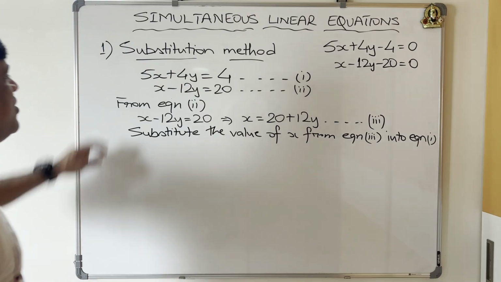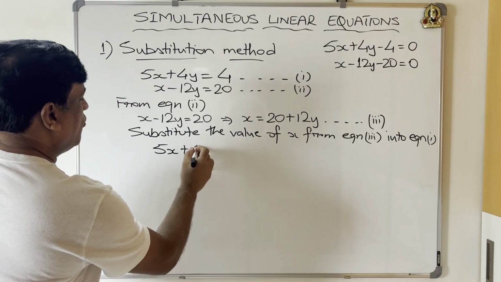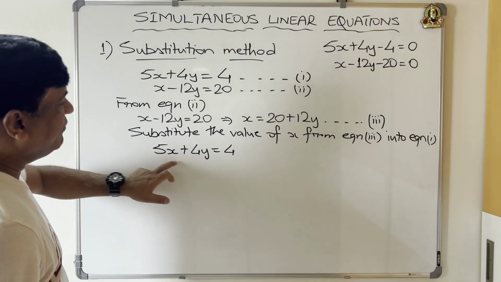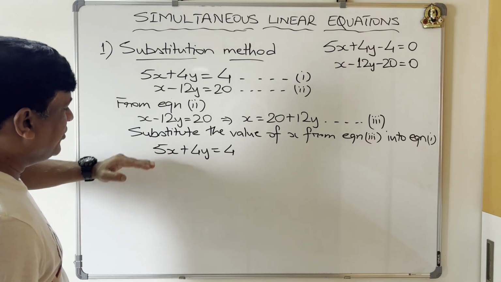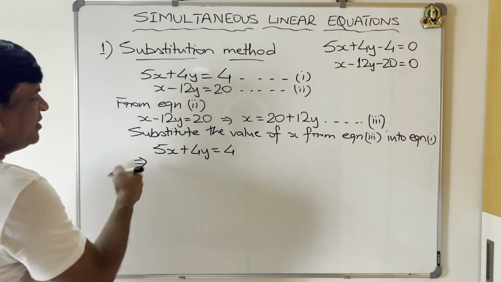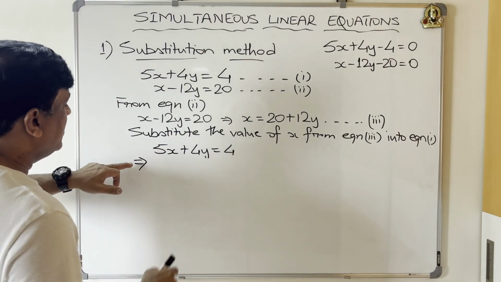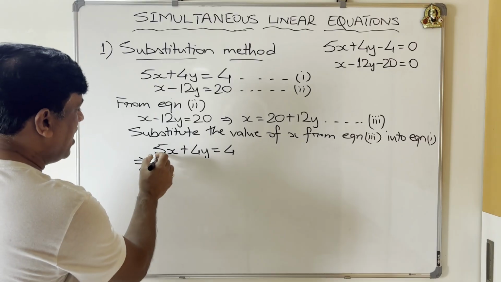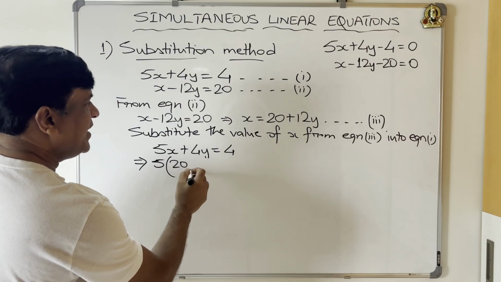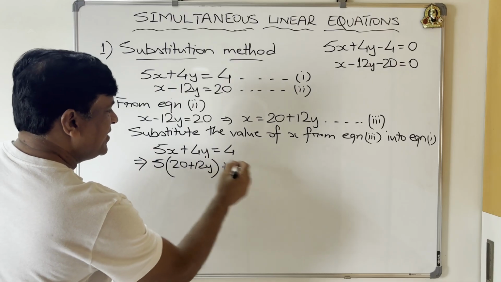Equation 1 is 5x + 4y = 4. Remember one thing, whenever you go to the next step, always use this sign. This is known as implies. You're showing that you're going to the next step. Since I already have an equal sign here, I need to use this. Now 5 times, I put the value of x: 5(20 + 12y) + 4y = 4.